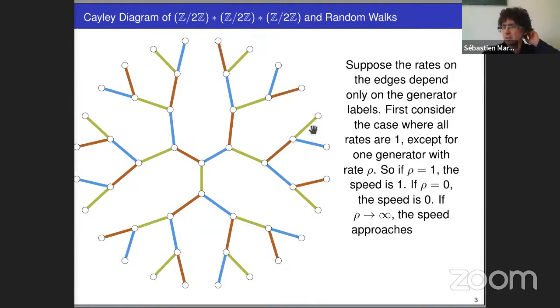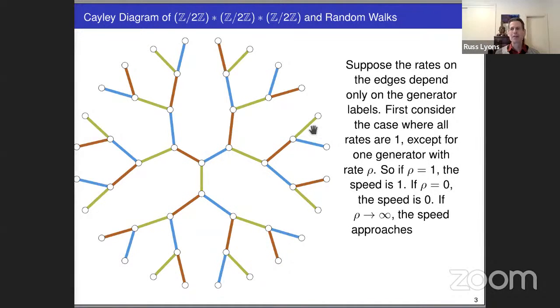Because at rate 2, we move in the non-rho generator, and any time we move, we make an additional step. So it makes the distance even larger. So it's more than 2. It's what? Yeah, it's 4. Oh, no, okay.